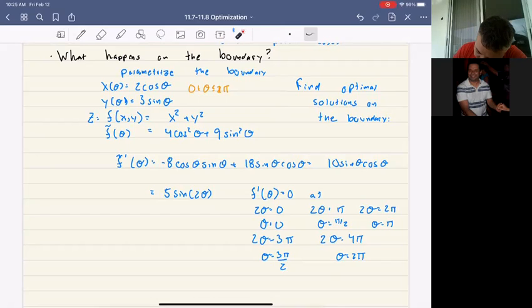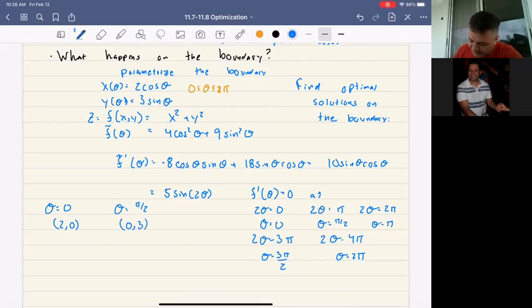Theta equals 0. What point is that? Well, cosine of 0 is 1, sine of 0 is 0, so we get 2 comma 0. Theta equals pi over 2. Cosine of pi over 2 is 0, sine of pi over 2 is 1, so we get 0 comma 3.